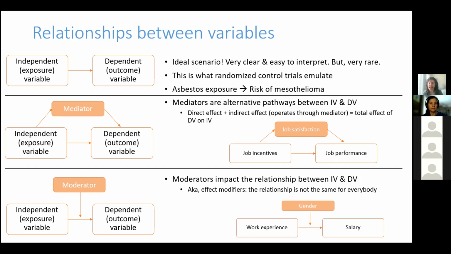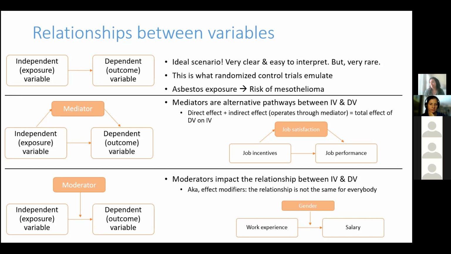And this is a really classic example of an effect modifier or moderator. Work experience impacts the salary that one makes, but we know that that effect is modified by gender. Women see a different relationship between work experience and salary than men do.